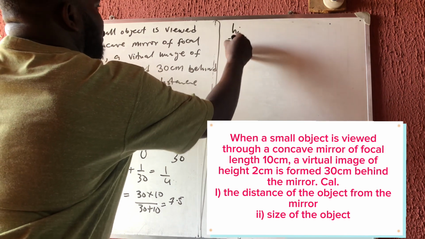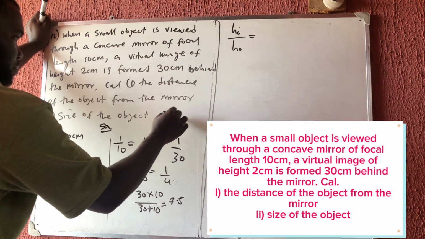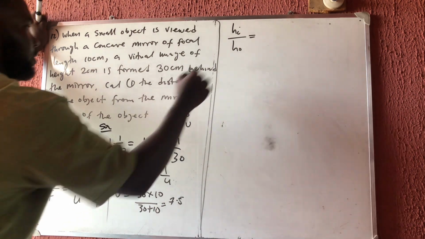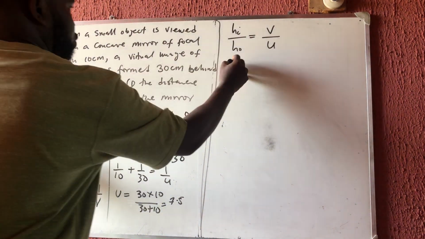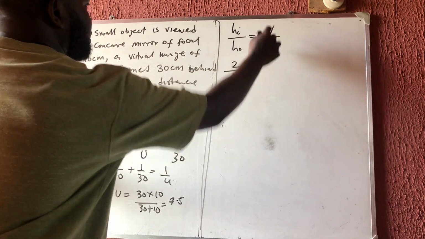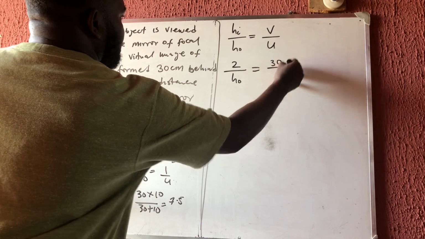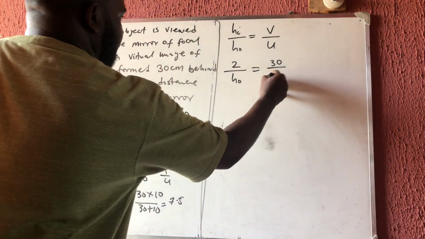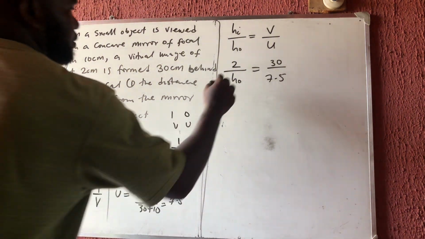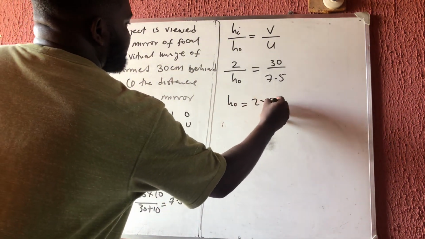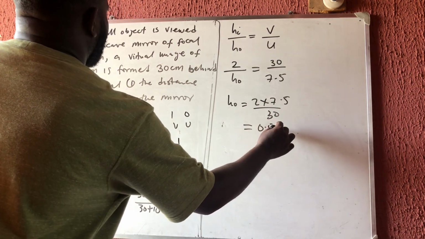Height of an image all over height of an object is equal to the image distance, I come before O, U come before V, so V over U. If you put everything here, you will now have 2 over height of the object is equal to my V. My V they gave me is minus 30, that is 30 over 7.5. Okay, so you do your cross multiply. I did not use the negative, don't forget. So your HO will now be 2 times 7.5 over 30. This is 0.5 cm.